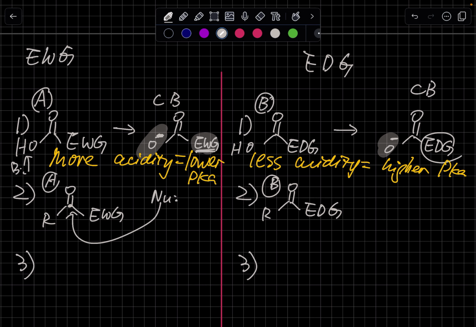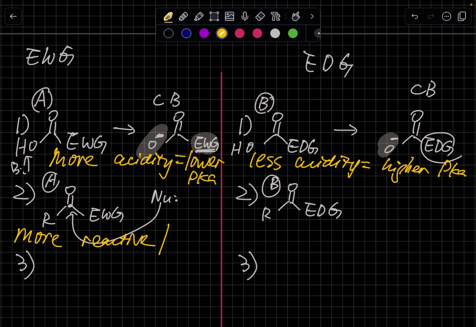Of course, it is the case of the electron withdrawing group that is more reactive to this nucleophilic substitution reaction, right?